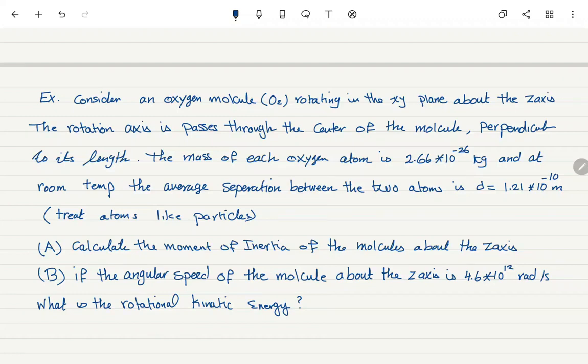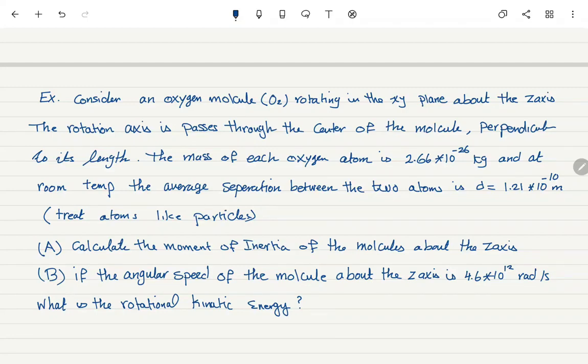Now, in this example, consider an oxygen molecule rotating in the XY plane about the Z-axis. The rotation axis passes through the center of the molecule, which is also perpendicular to its length. The mass of each oxygen atom is equal to 2.66 times 10 to the power minus 26 kilogram, and at room temperature, the average separation between the two atoms is equal to 1.21 times 10 to the power minus 10 meters.